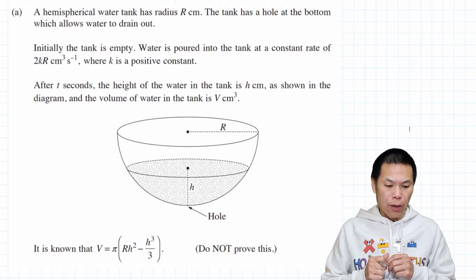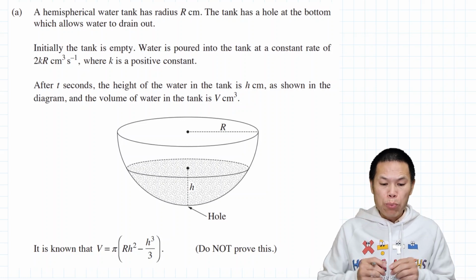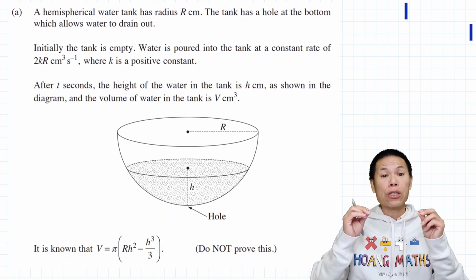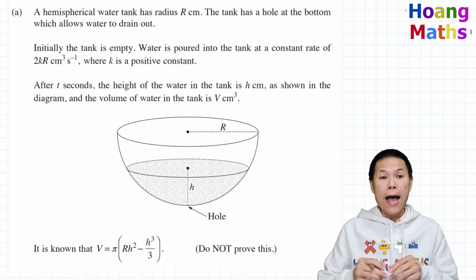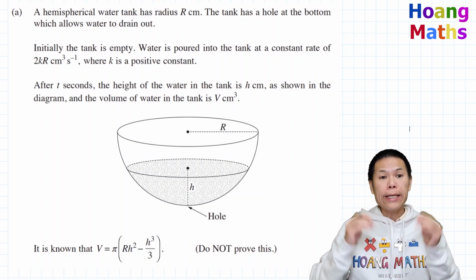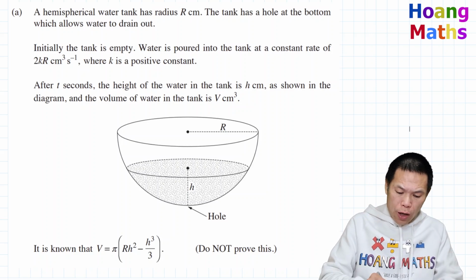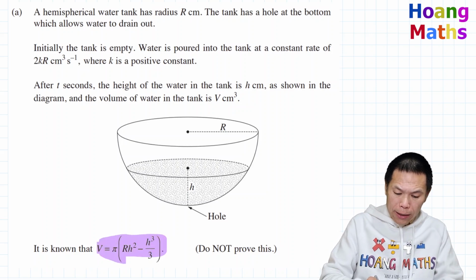Part A. Initially, the tank is empty. Water is poured into the tank at a constant rate of 2k cubic centimeters per second, where k is a positive constant. So we know the volume of the tank is given by this.